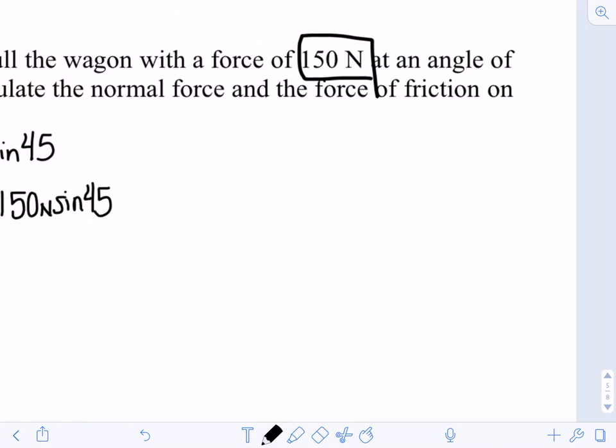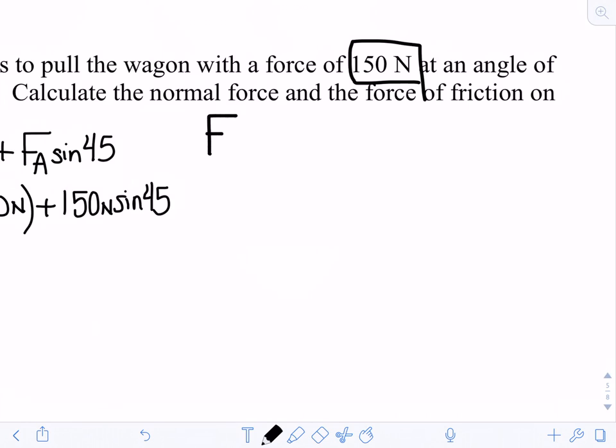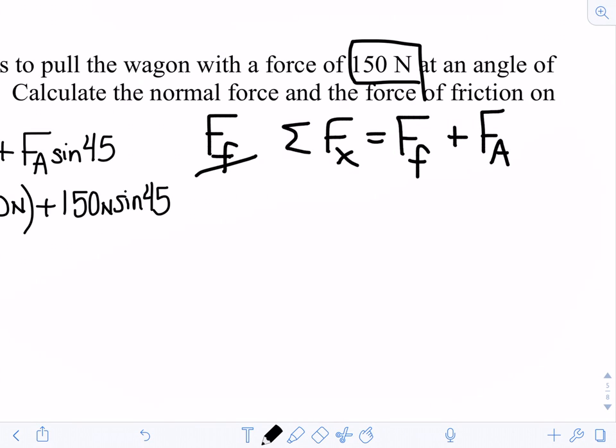So, force of friction. The force of friction is occurring in the x direction. So in order to find this force of friction, we should write a little equation for all the forces in the x direction. And that would be the force of friction and the applied force from Sam, but only the x component of the applied force from Sam. So it'd be FA cosine of 45.